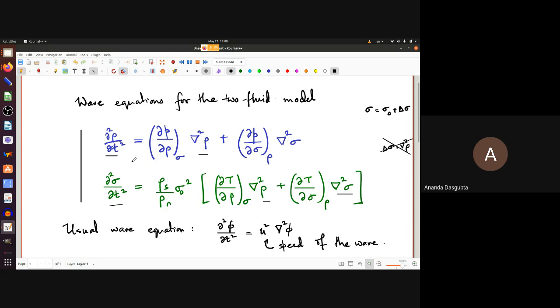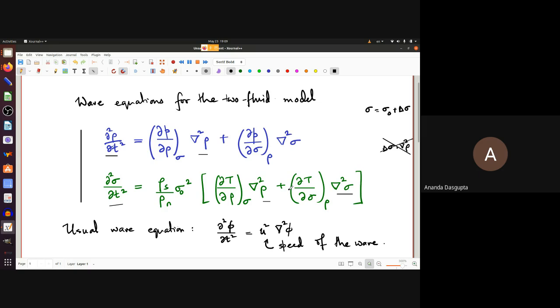That signifies that fluctuations in rho act as a sort of restoring force, which tends to move the fluctuation from one place to another. But here you see that not only are spatial variations of rho going to cause temporal changes in rho, even spatial changes in the entropy density may cause the density to fluctuate with time, and vice versa. So the situation here is a bit more complicated than in usual waves.